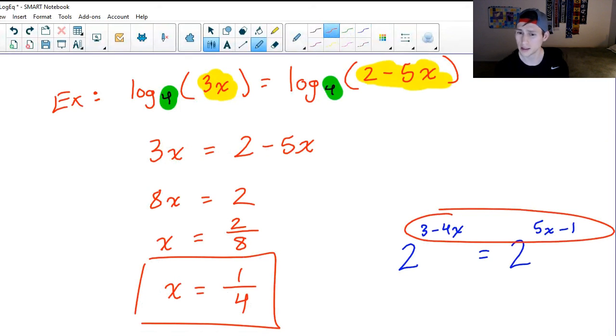We said, okay, forget the bases of the exponentials. Let's just set these exponents equal to one another. Basically the same type of thing here. If we see log base 4 equals log base 4, the bases are the same, then great. Forget that stuff. Just set the inside stuff equal to each other. So very analogous to one another, whether we're talking about exponentials or logarithms.